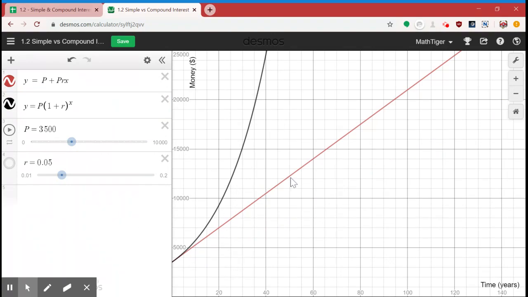Whereas for the simple interest, this rate of growth is always constant because the amount of interest you're earning every year stays the same. So this is just highlighting the difference between simple interest and compound interest. Compound interest grows exponentially because your money continually gets reinvested. And in the next chapter, or in the next lesson, we will look at compound interest in a lot more detail.